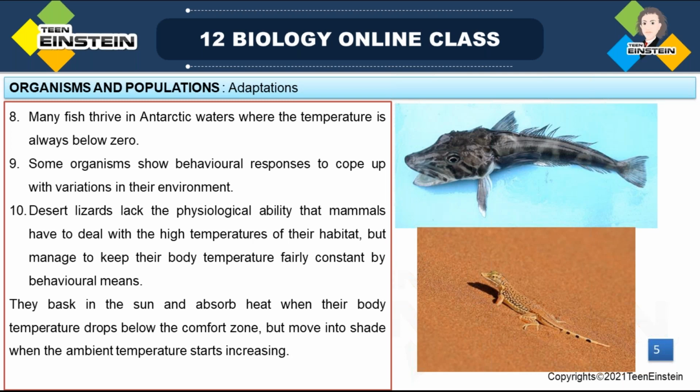This kind of adaptation desert lizards show, because they don't have that physiological ability which mammals have. So they bask in the sun and absorb heat when their body temperature drops below the comfort zone, and after reaching the comfort zone, they move into the shade, and that's how they manage. Got it?